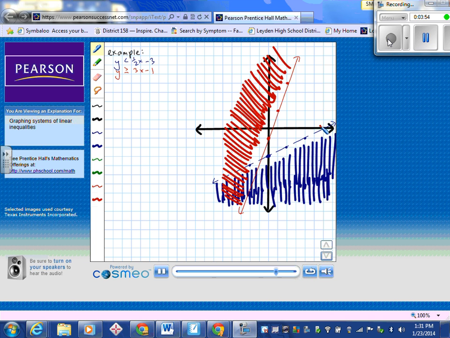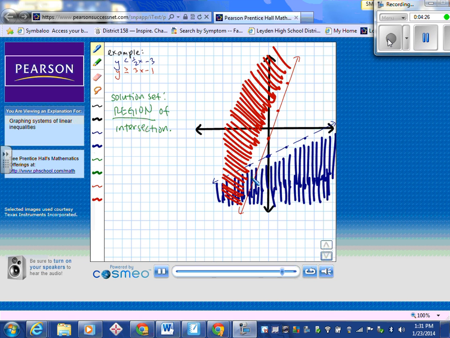There we have it. Now what we want to do is find our solution set, which is represented by the region, not just the point, but the region of intersection. And we can go ahead and spot that by looking for a region of these two graphs that has both shading styles in it.